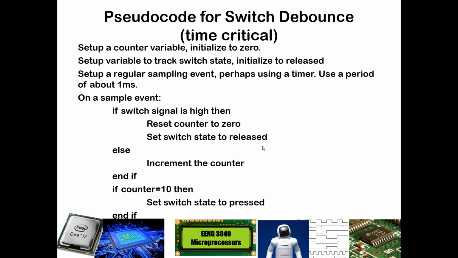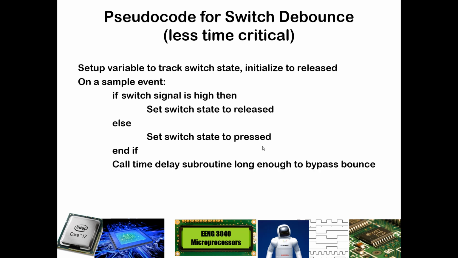And if the counter has gotten all the way to 10, then we will change the switch state to pressed. So this is just checking to see, is it pressed, is it released? And if we get it consistent in our count for 10 different times, then we can be confident that they intended to press the switch rather than it just being some sort of switch bounce issue.